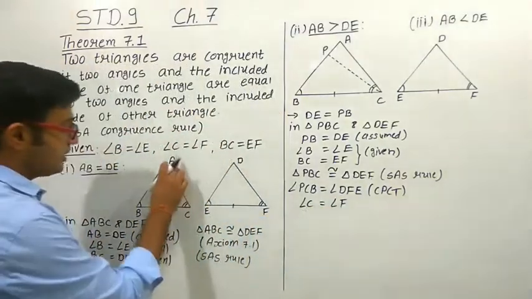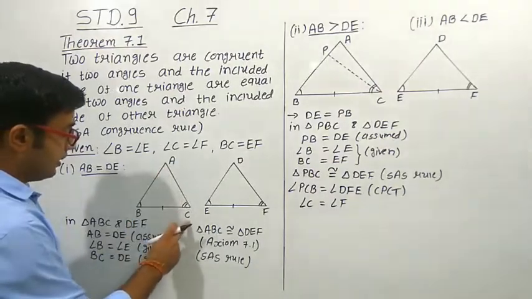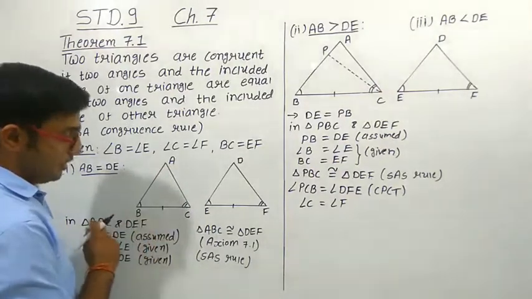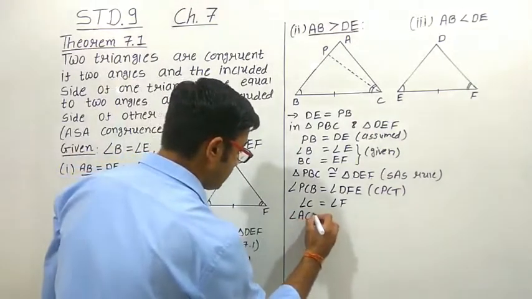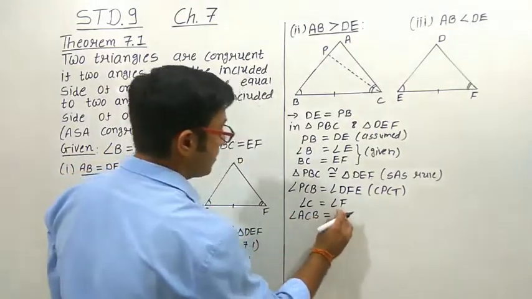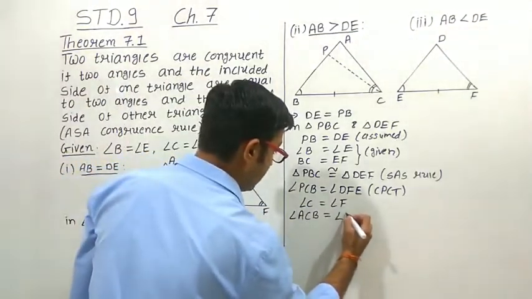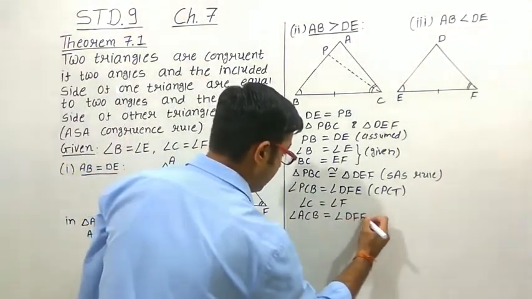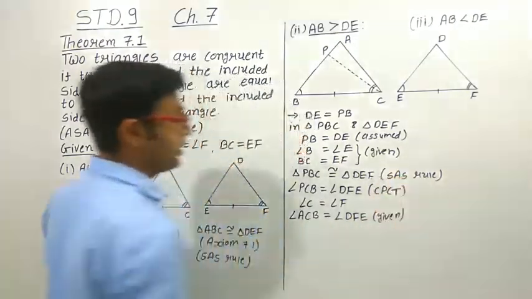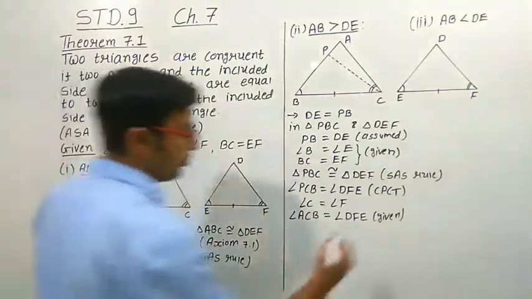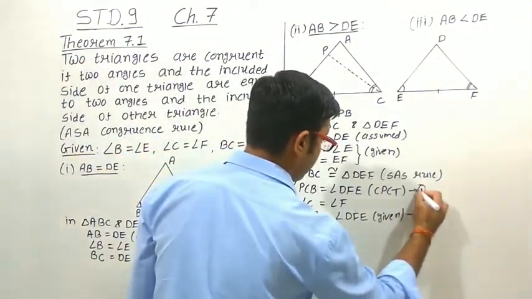Now remember, this angle C is of triangle ABC, so we can write it as angle ACB, and this angle F is of triangle DFE, angle DFE. This condition is already given. Now give it equation number 1 and equation number 2.